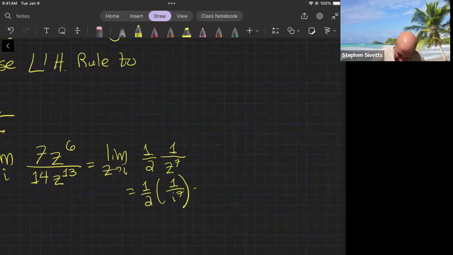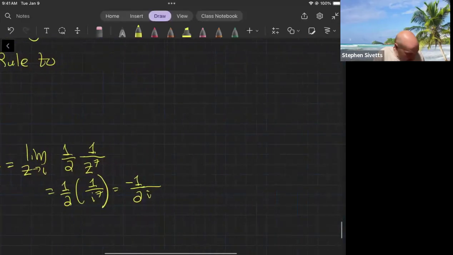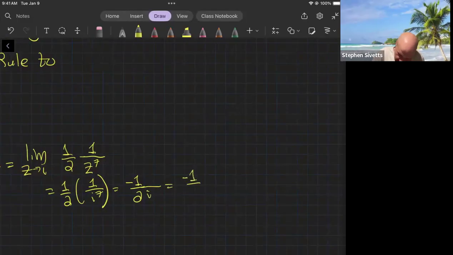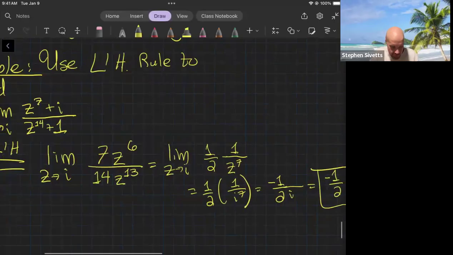That would be minus i, so minus 1/2 times 1 over 2i... that is, minus 1/2 times i. That is the limit.